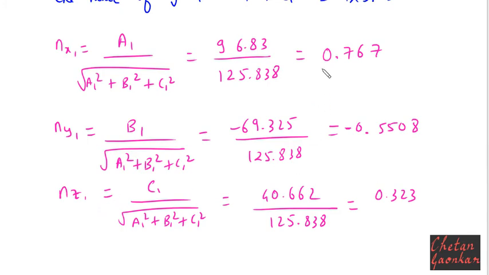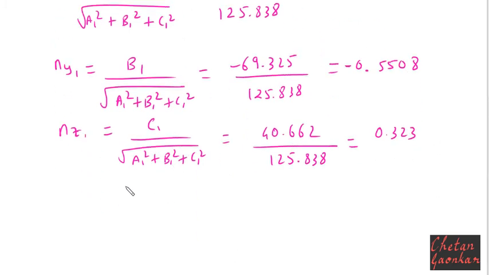Now how to check if these values of the direction cosines are correct? For that we know the property of direction cosines, that the sum of the squares of direction cosines should be equal to 1.